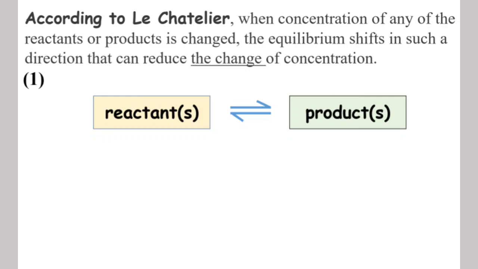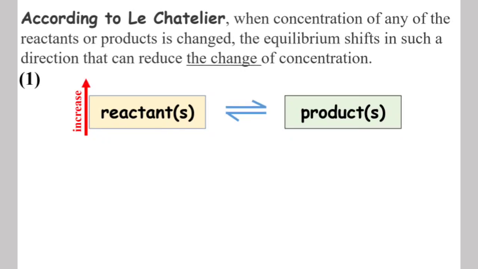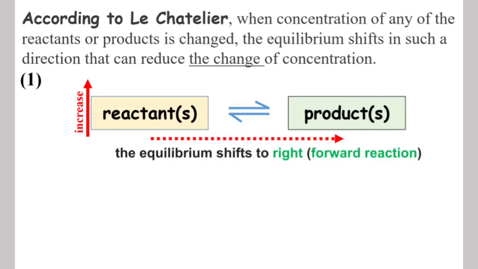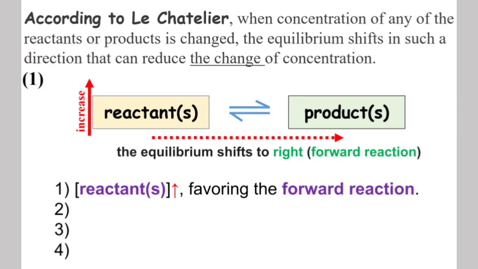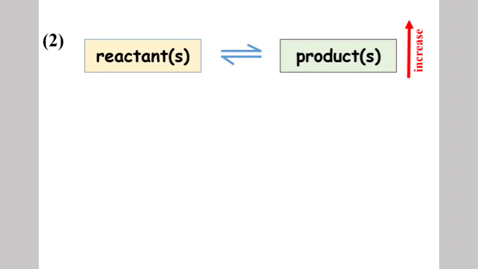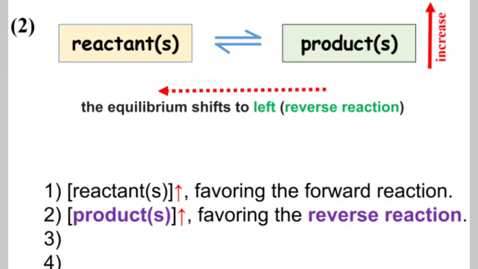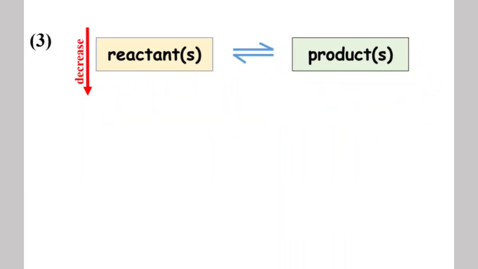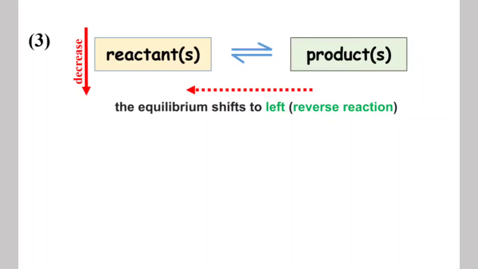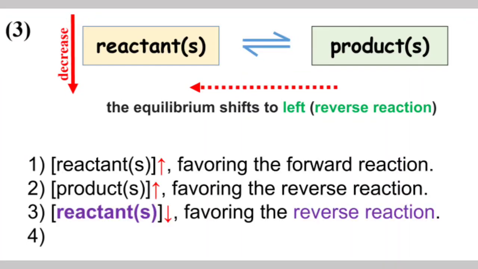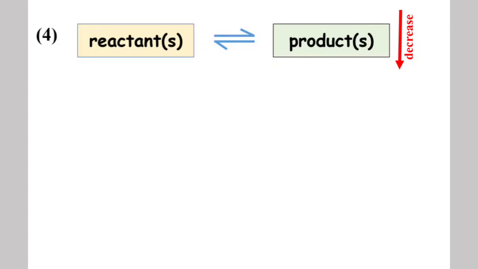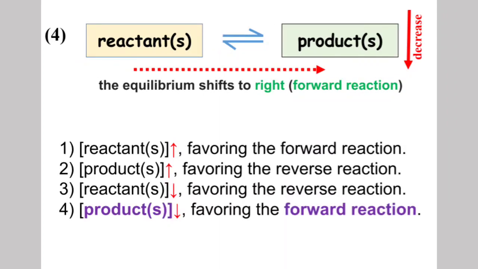Therefore, when the concentration of a reactant is increased, the system tries to reduce it by favoring the forward reaction. By the same concept, when the concentration of a product is increased, the system favors the reverse reaction. If the reactant's concentration is decreased, the system will move to the left. Similarly, if a product's concentration is decreased, then the system will move to the right.